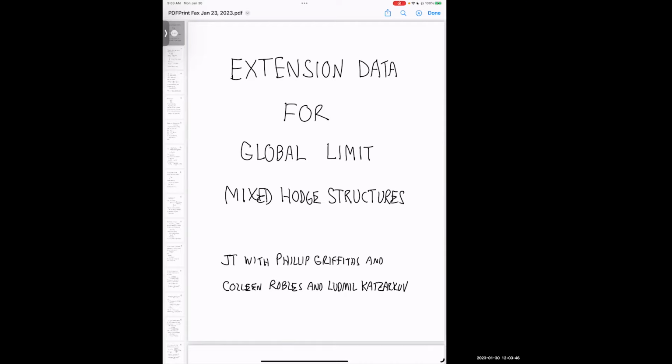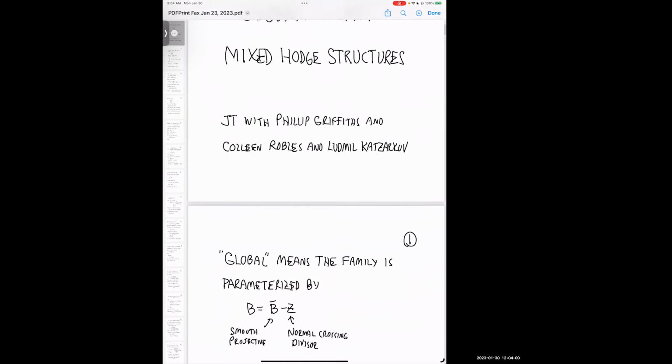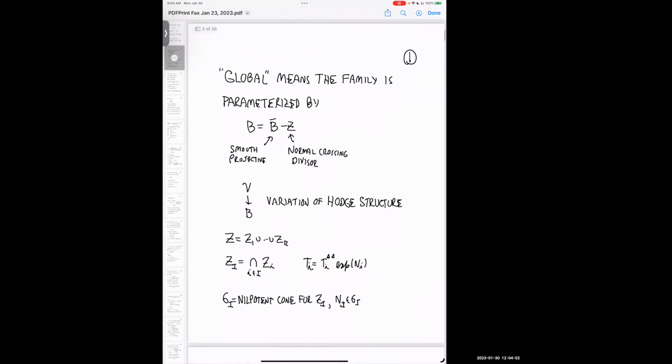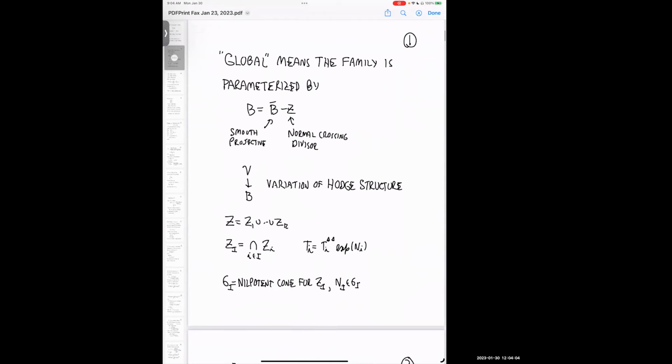So first of all, I should say that all of this work is joint with Philip. The first part is joint with Colleen Robles, and the part about pi1 is joint with Udmil. Global just means the parameter space is a quasi-projective variety, which we'll think of as something smooth projective minus a normal crossing divisor.